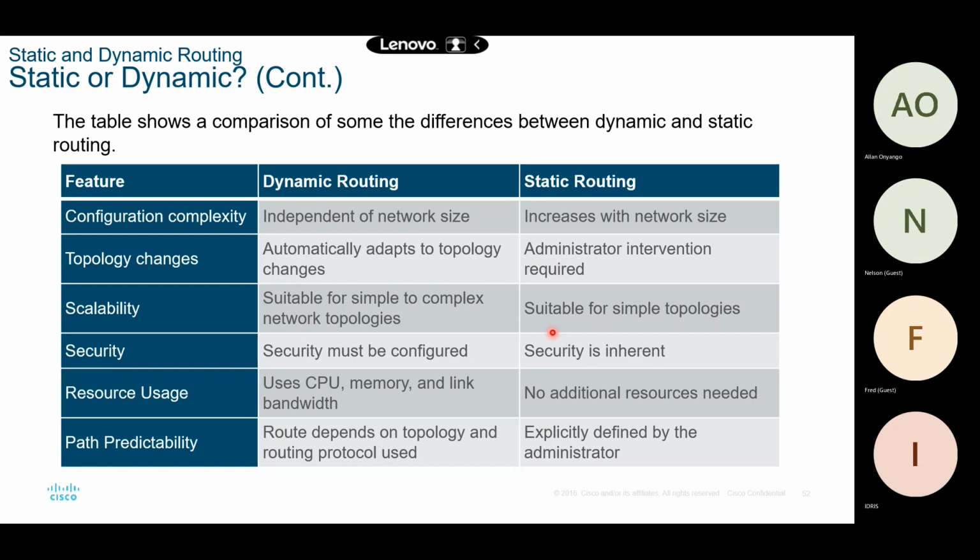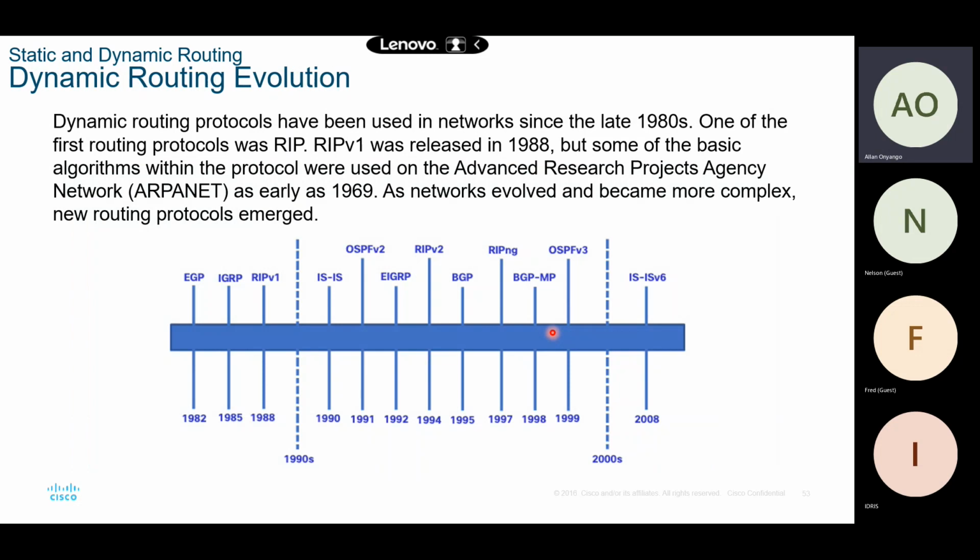Now, there's a couple of these dynamic routing protocols, and this started way back in the year 1982. In 1982, we had EGP, that's Exterior Gateway Protocol. Then we went to IGRP, Interior Gateway Routing Protocol.